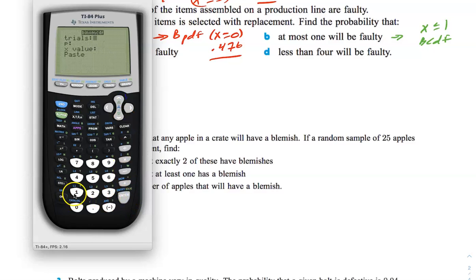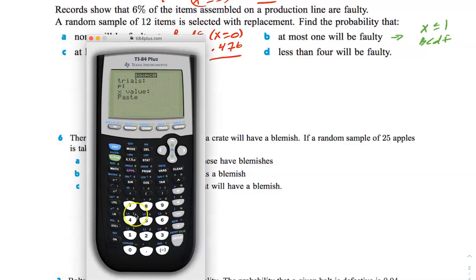So I've got to put everything back in again. It saves it if it's the same one, but since I'm going CDF to PDF, it switches. It doesn't save it. 0.06, very important. Make sure it's 0.06, not 0.6. And then 1. Hit enter and I get 0.840.